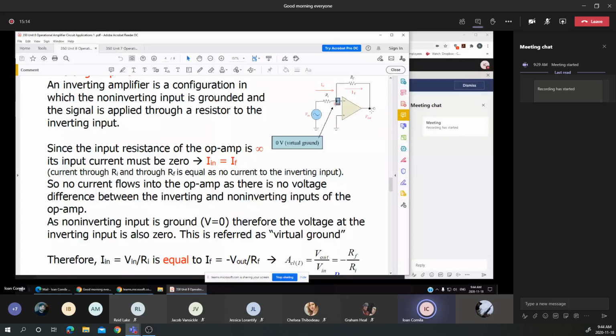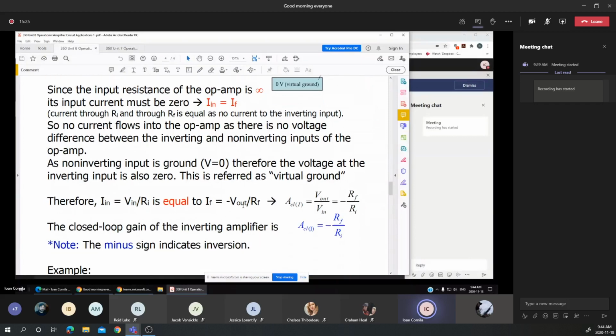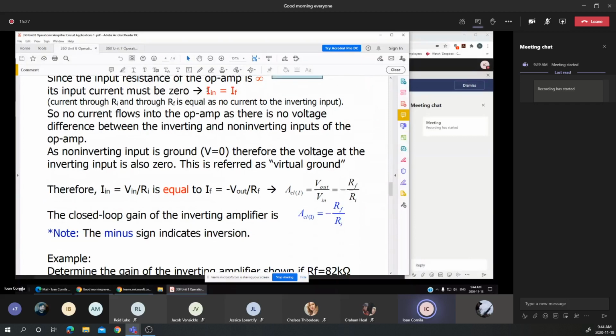You notice that the current has the same direction as the one provided by the supply voltage or the input voltage. Using the observation we made before, the input current is equal to IF, the feedback current.